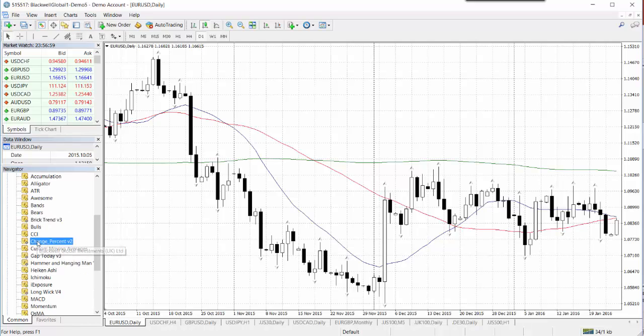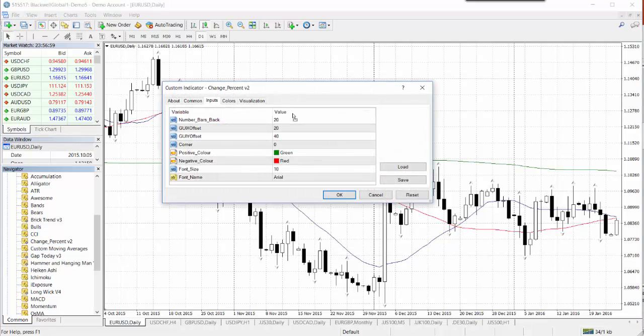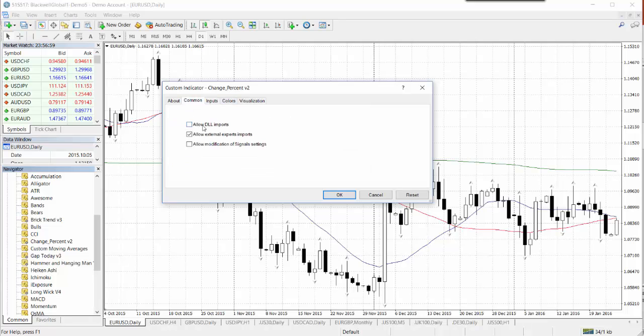As you can see by the name, it's Change Percent V2, and one of the great things about MetaTrader is you're able to just pick it up and drag and drop it in. In terms of inputs and colors, we don't need to touch those right this moment, but what we always ensure is that you allow the DLL import, so make sure you click on that.